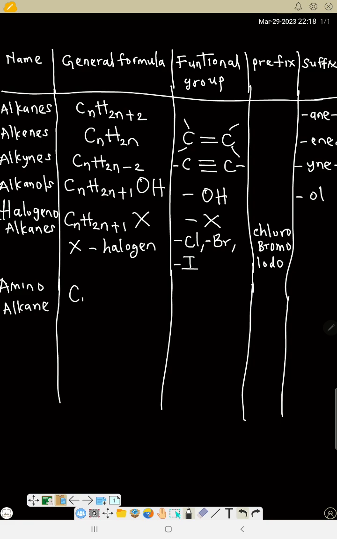So the general formula is CnH2n plus 1 NH2. So that is amino alkane. The functional group is NH2. So the prefix is amino and the suffix is amine. So we also have alkanones.